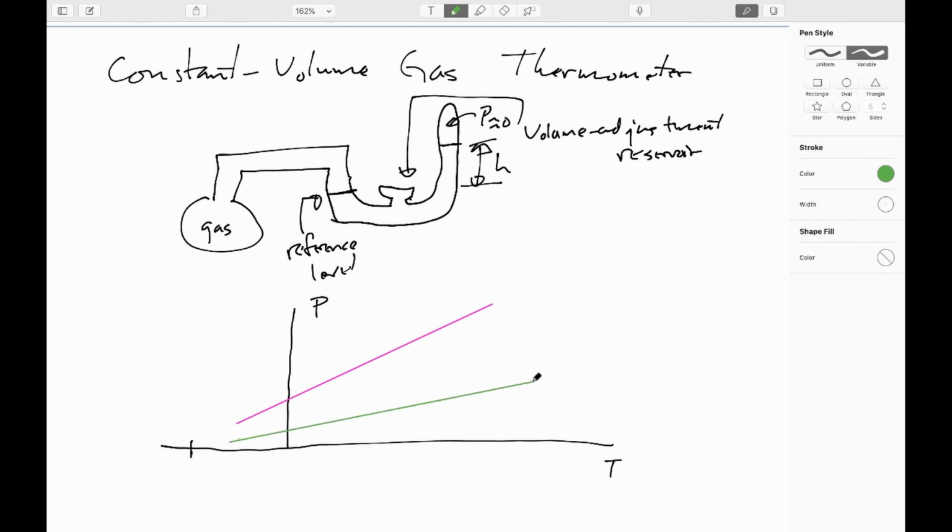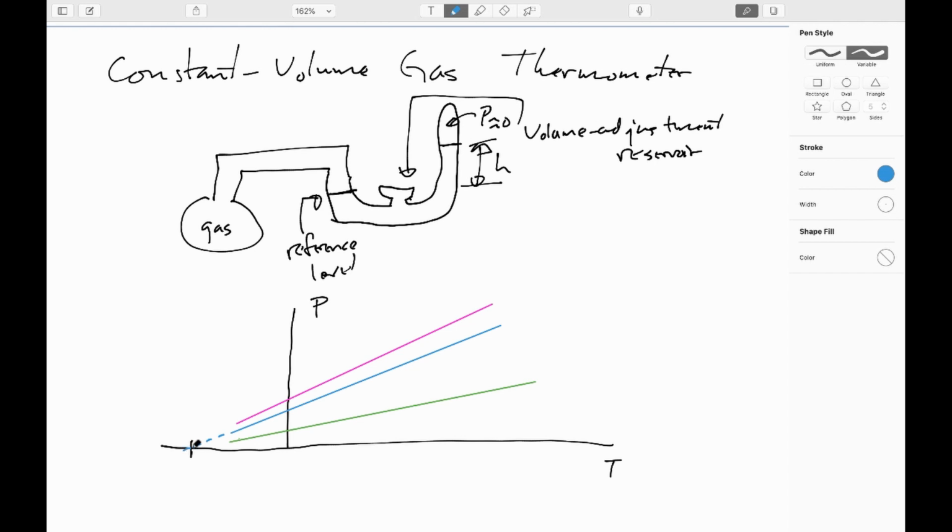Now, at some point as you're going along, depending on what the gas is made of, what the density is, etc., your gas is going to go liquid.